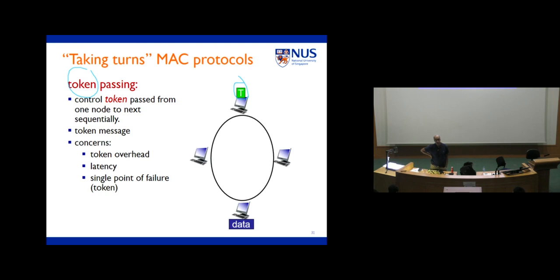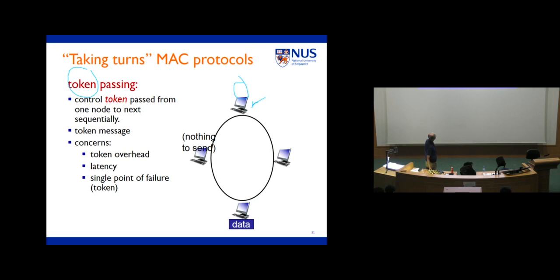And when I initialize the network, I give the token to any one of them at random, let's say. And the idea is you can transmit only if you have the token. Only the node that currently has the token can transmit. Others cannot transmit. Okay? So what would happen is you have the token, you can transmit the data.